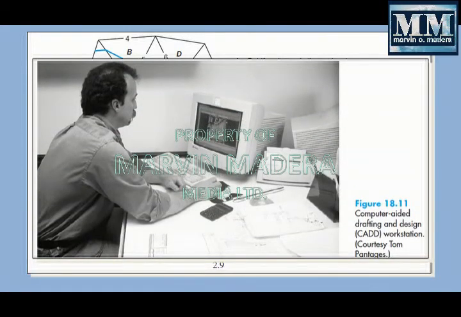This person here is plotting or encoding coordinates at the computer-aided drafting and design workstation. He inputs the data on the map and also creates a model for the data.